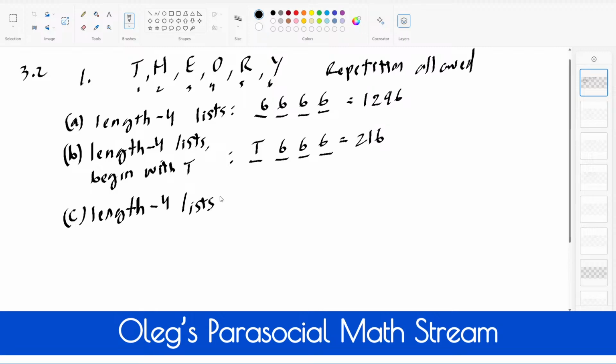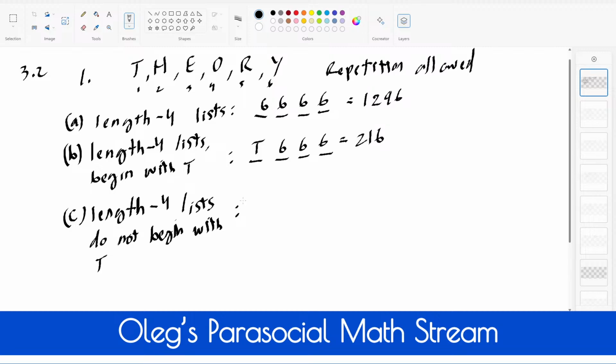Length 4 lists and do not begin with T. Okay. All right. Do not begin with T. So how many options are there?